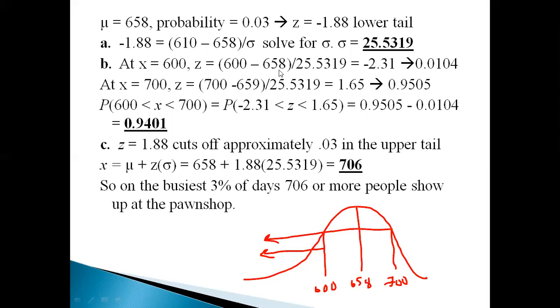So 600 minus 658 divided by our sigma gives us a negative 2.31, and that probability is 0.0104 in our table. And 700, we plug that in, we get 1.65. That gives us 0.9505 in the table. Now, the probability that it's between 600 and 700 is just the probability that z is between negative 2.31 and 1.65, or taking that subtraction, we get 0.9401 as that probability.